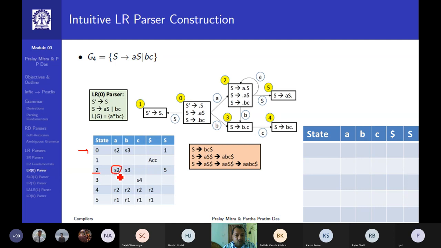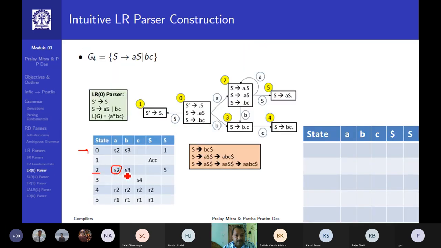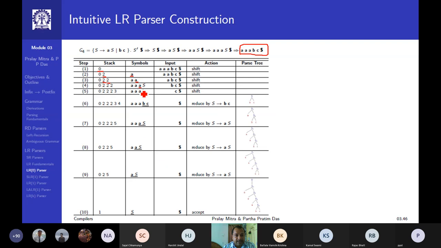Again it is telling shift 2. So 2 is further pushed. One more A is read. Then I see A again. Then it will shift A. So further I will push 2.